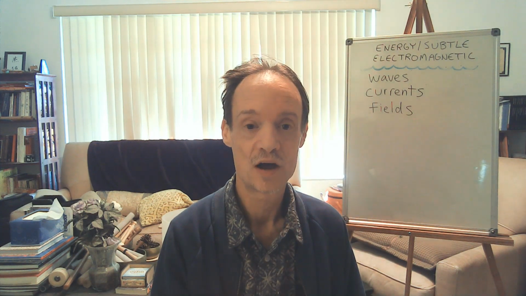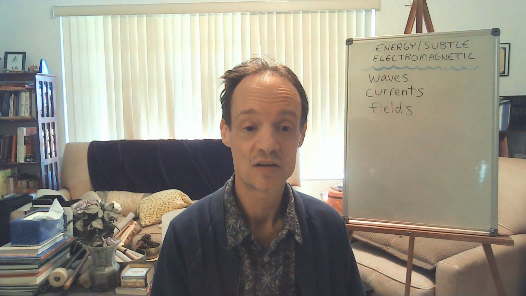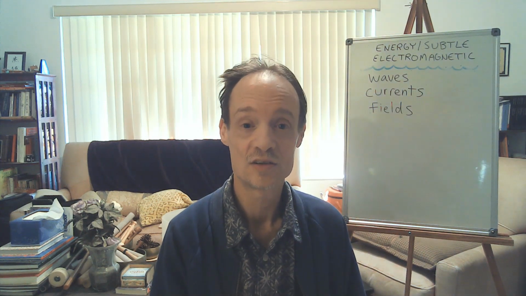So with subtle energy and electromagnetic energy, energy is following some sort of a path and flowing in a circuit or current. In our bodies, we could look at what are called meridians. Those are the major energy currents or circuits that are defined in Chinese medicine. And there you have energy circulating along a particular path going through the body.